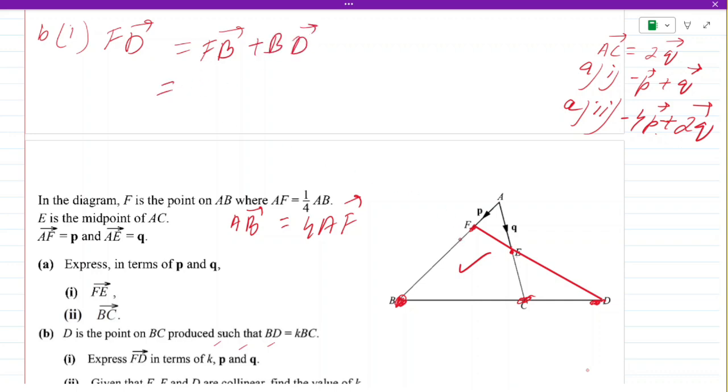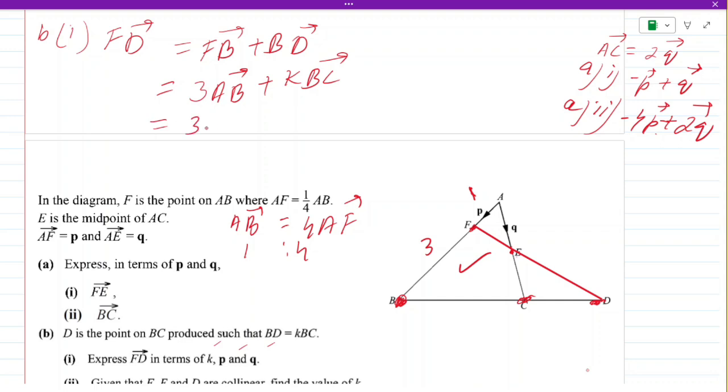So FB. And here this is 1:4. So yes, if AF is 1 unit, then FB is 3 units, because the sum of ratio is 4 over here. So FB is 3 times AB plus BD is K times BC, that is already given over there.